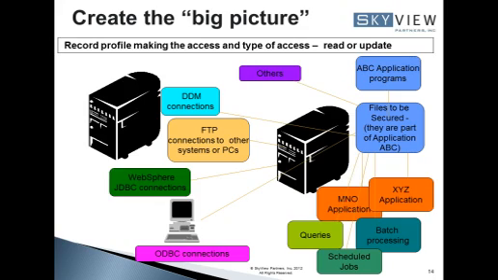So don't forget things like, let's assume that it's the ABC application that we're dealing with. So don't forget things like DDM connections to the files in the ABC program, or FTP from other systems. Maybe you have WebSphere or JDBC connections coming in and updating or reading the data in the ABC application.